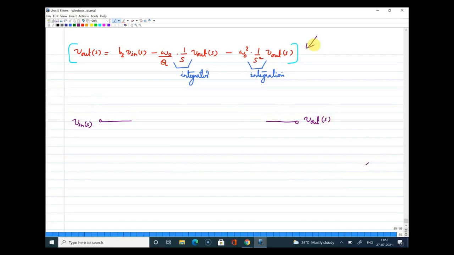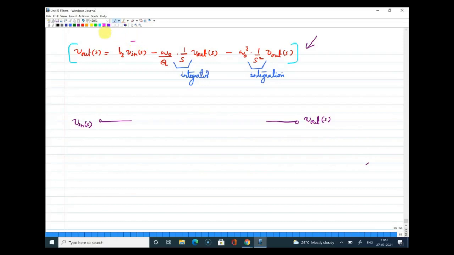You can see that there are three terms here. The first term says that there is a scaled version of the input. B2 into V in of S means there is a scaled version of the input available there. Then if you look at the second term, there is an integrated version of the output, and in the third term there is a double integrated version of the output.